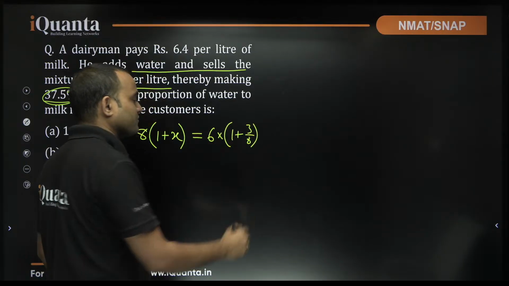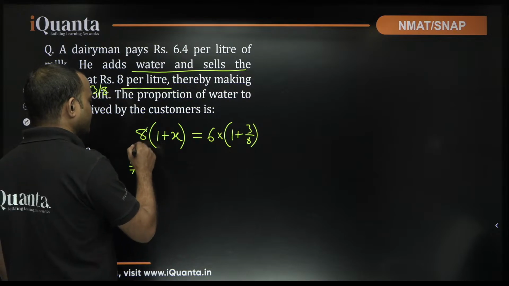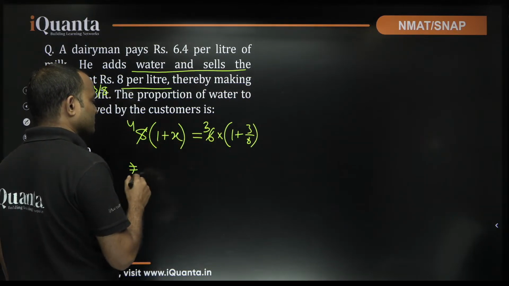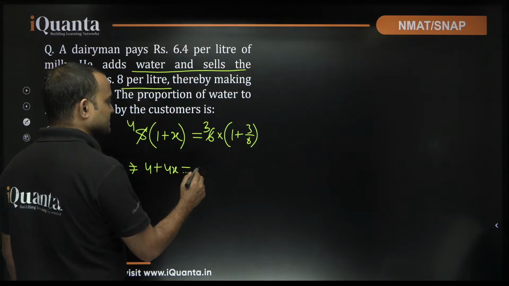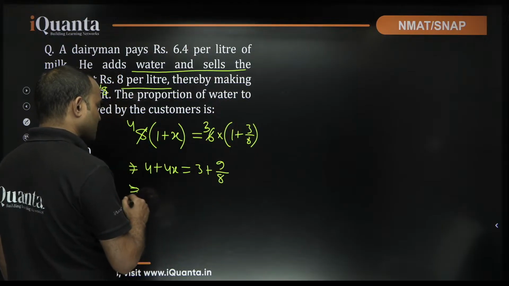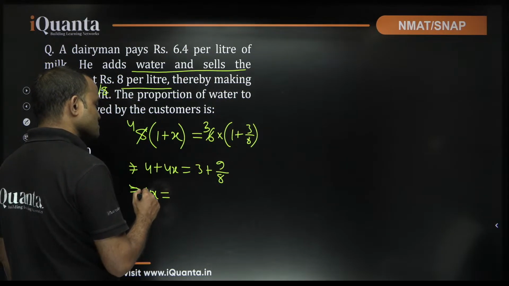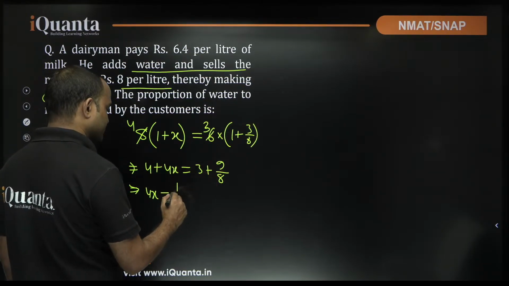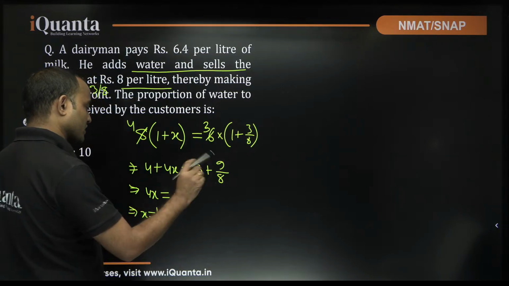If you try to solve it with the equation, this will be 4 plus 4x is equal to 3 plus 9 by 8, or we can say 4x will be equal to 1 by 8, and x will be equal to 1 by 2.